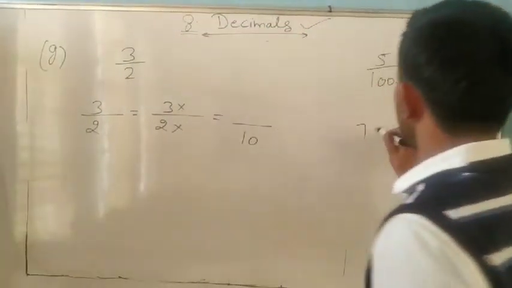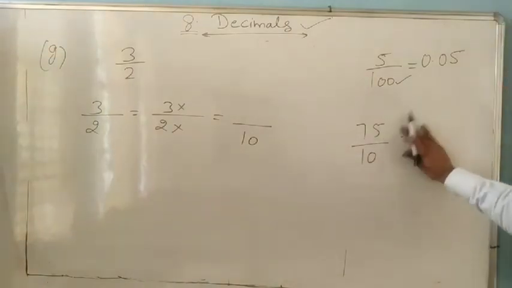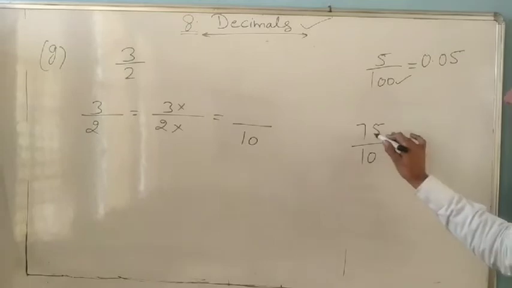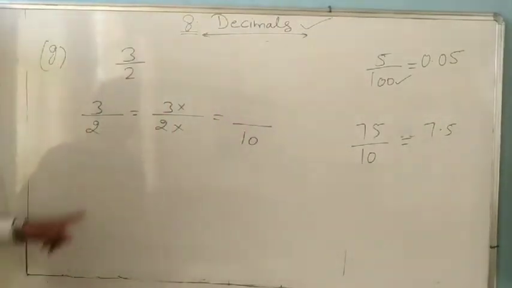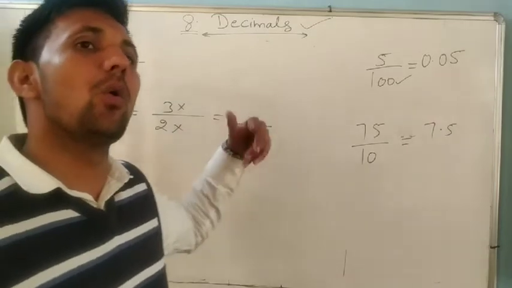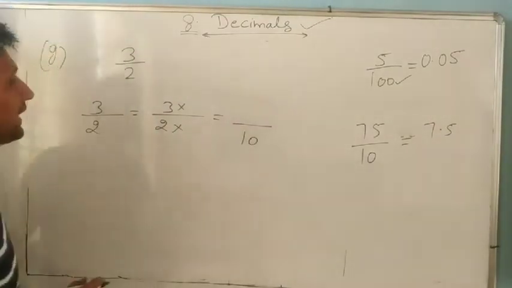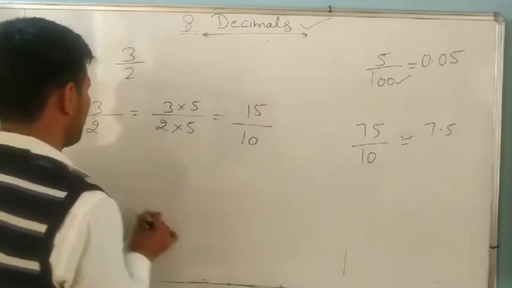Suppose 75 divided by 10, how many 0 in denominator? 1. So it means after decimal only one digit. So it is decimal, and what comes? 7.5. Same as it is. So we want to make the denominator either 10 or 100. So what number do you multiply to make it 10? 5 into 5, so 15 upon 10.